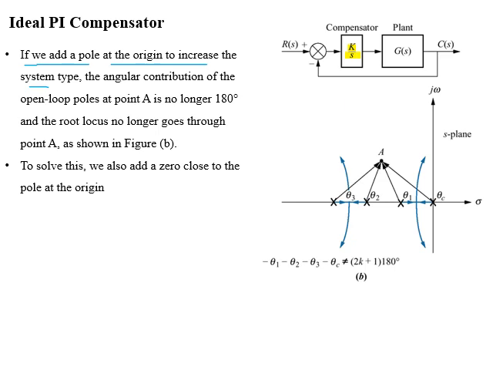Now the angular contribution of the open loop poles at point A is no longer 180 degrees, and the root locus no longer passes through point A, as shown in figure B. Now our system type is improved and steady state error is equal to 0, but the desired transients are no longer achieved because the root locus no longer passes through point A, which was our desired location for the closed loop system poles.